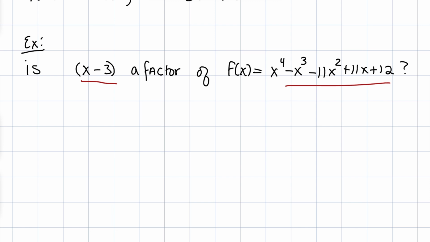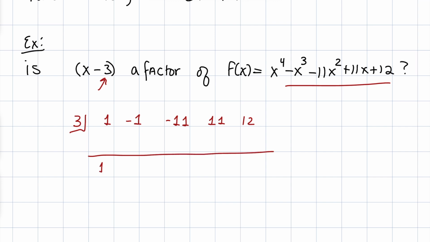So let's do this. First we set up our synthetic. Remember, we take the opposite sign of this inside. Since it's -3, we take +3. So we have 3. Now let's set up our coefficients. So we have 1. We have -1, -11. We have 11. And we have 12.